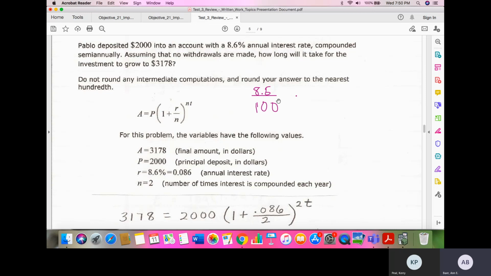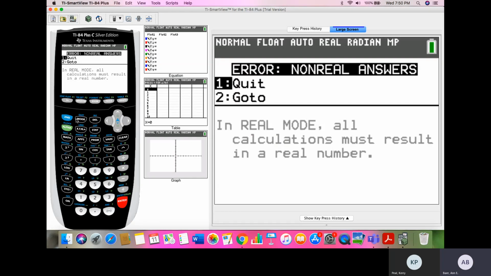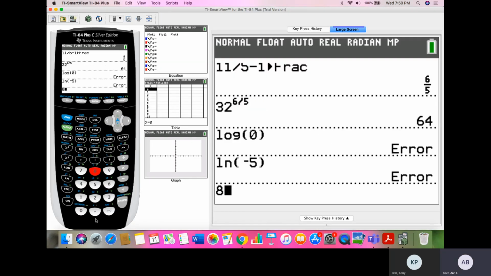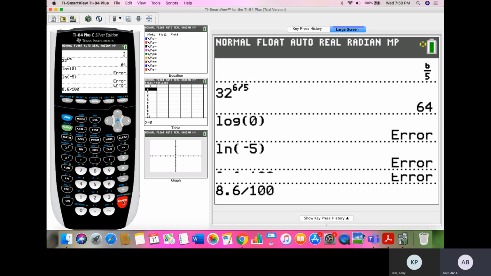So if I do this on my calculator, 8.6 divided by 100, going to go to the home screen again, type in 8, decimal point, 6, and then division, 100, enter.